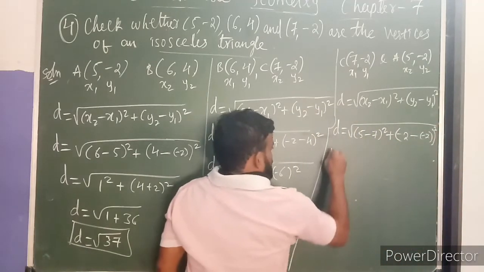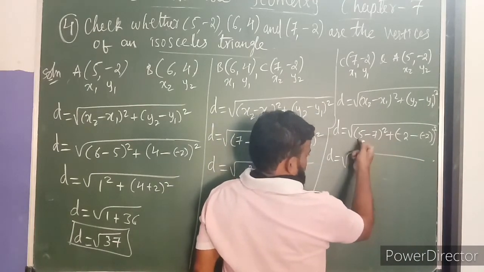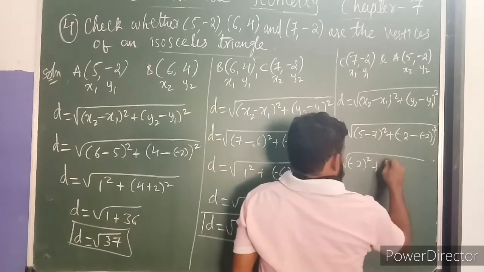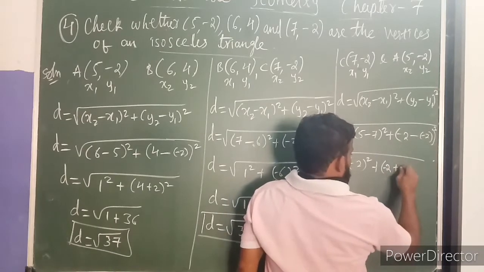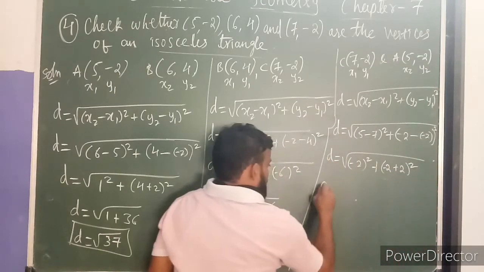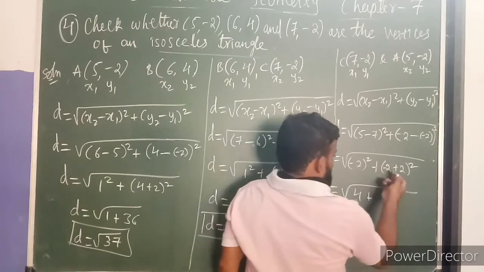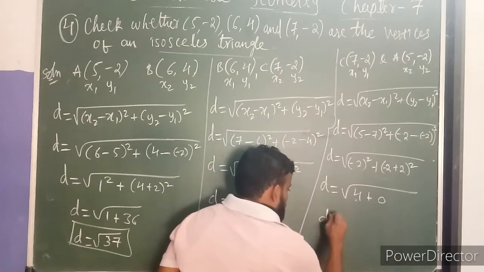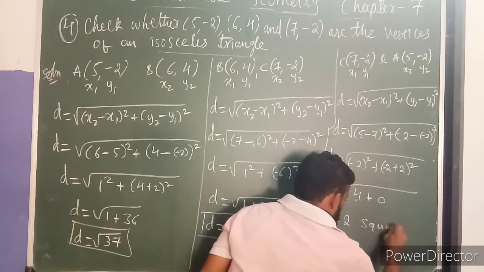So this is equal to under root (5 minus 7) whole square, that is minus 2 whole square, which is 4, plus (minus 2 minus into minus plus 2) which is 0, and 0 square is 0. Then d is equal to root 4, which is 2.